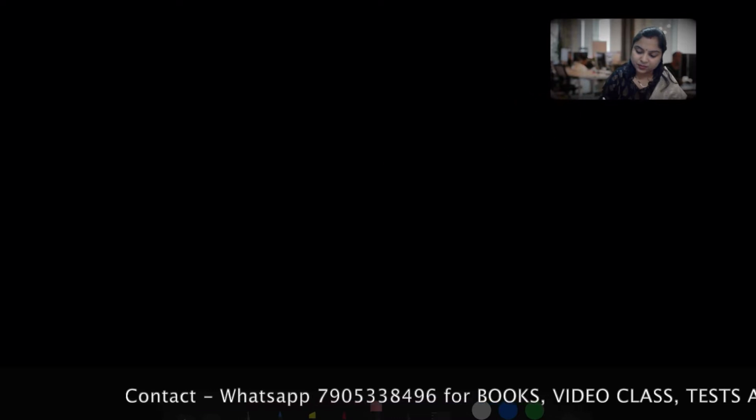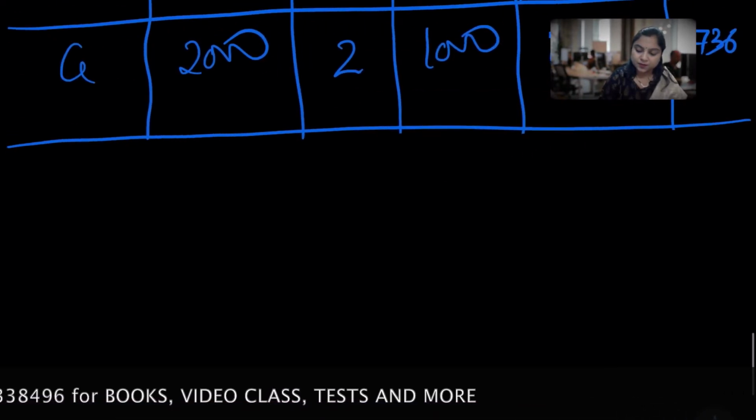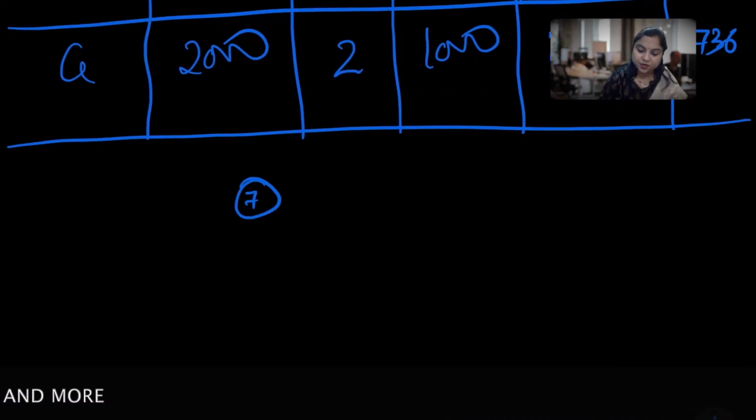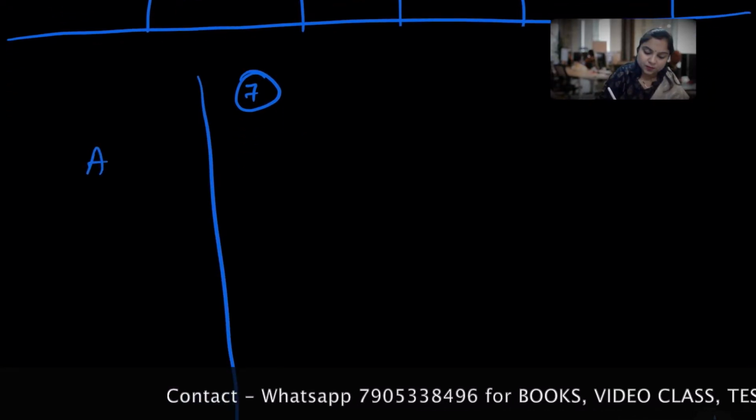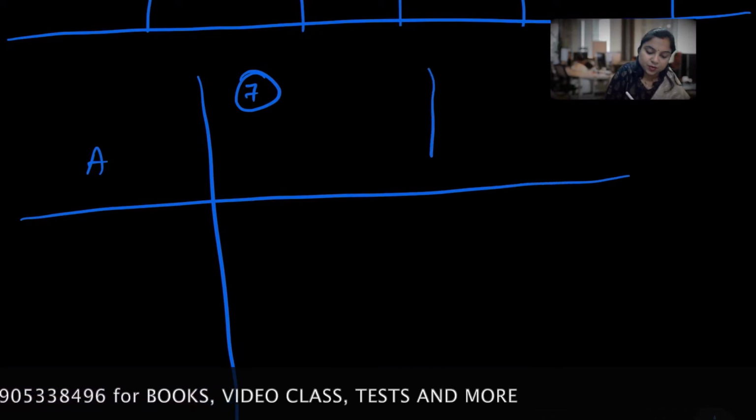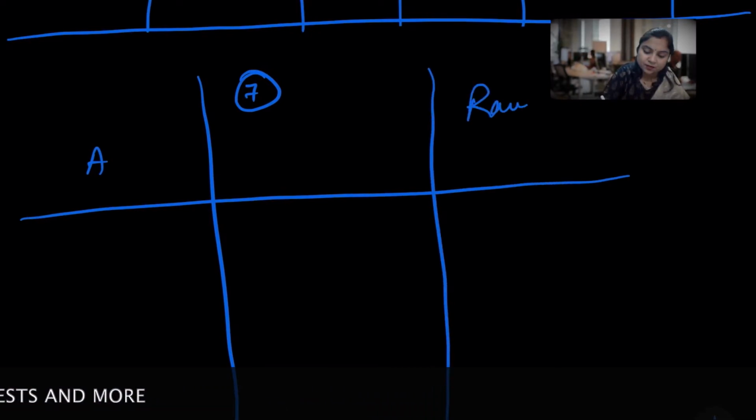Okay, I'm creating a column 7 here. You can continue. Hope you people understand. Again, we do A and then we rank them.